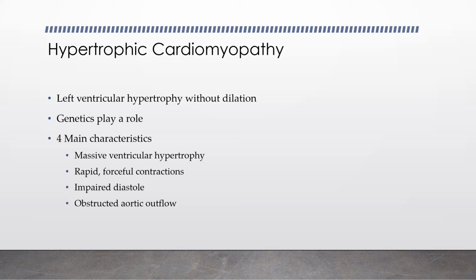Because if that were the cause, since half of all cases are genetically based, I would be at a higher risk of hypertrophic cardiomyopathy. So this is one of those things that is very highly linked to genetics that we want to make sure we're aware of, especially since it's the most common cause of sudden cardiac death.